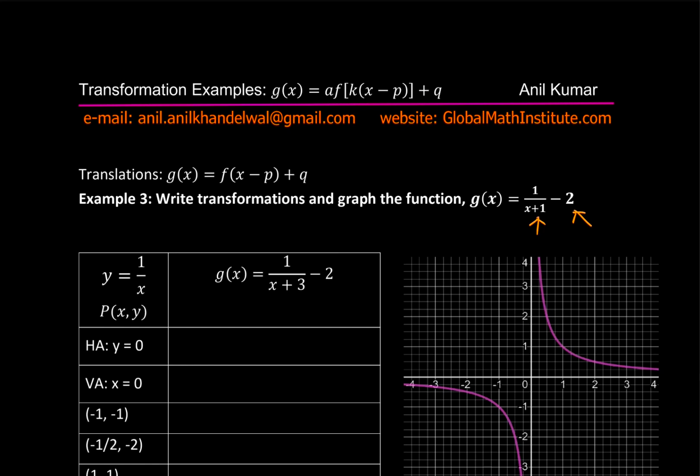So we can write down the transformations as 2 units up and 1 unit left. So that becomes the transformation of the function. You can describe it as: translate the function 2 units down and 1 unit left. That is what you could do.